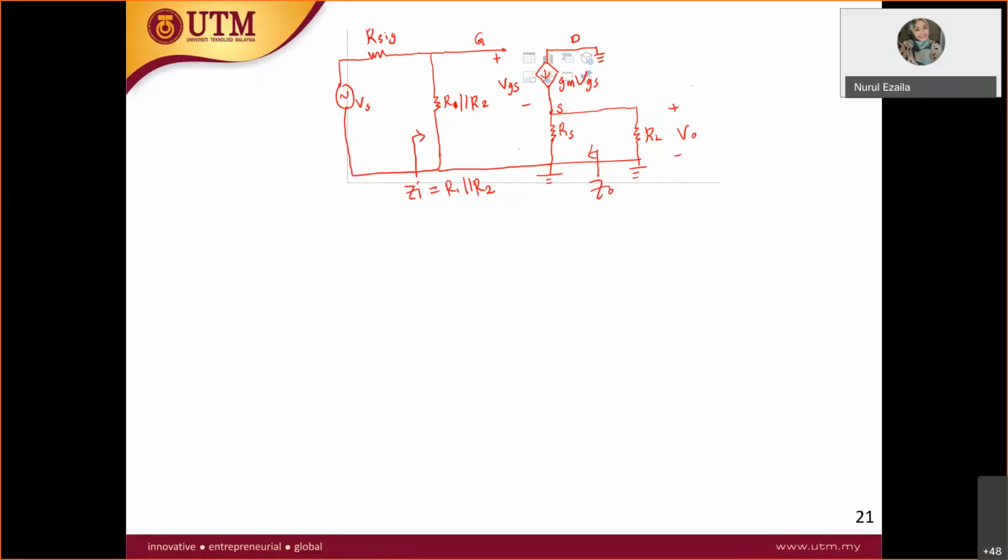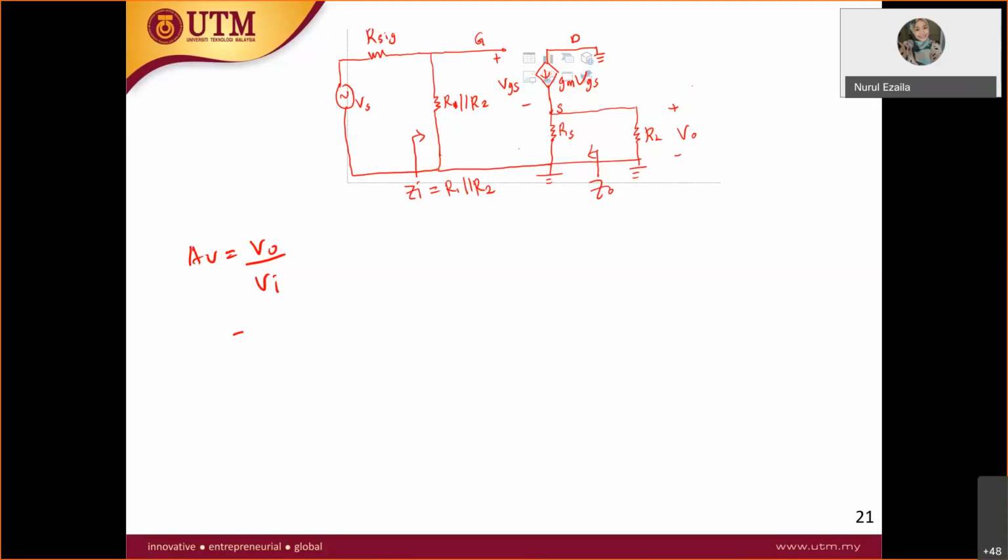So AV, let's derive together. AV is equal to V out over V in. Now what is the V out?